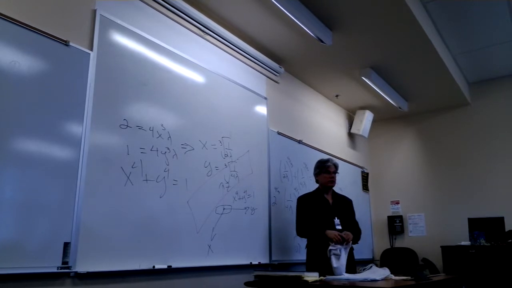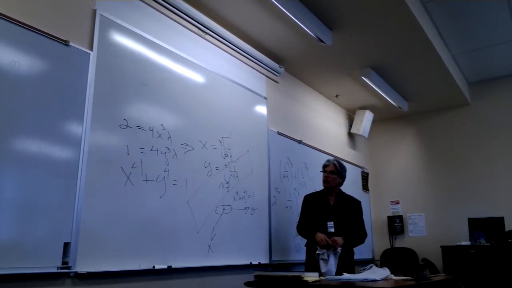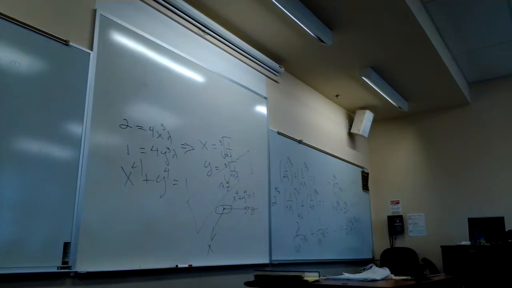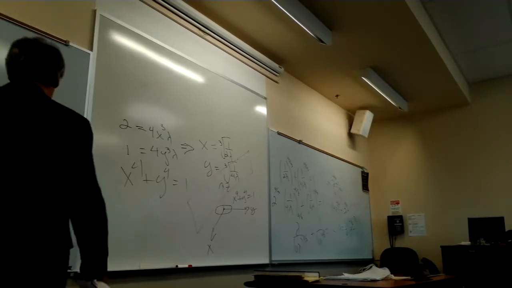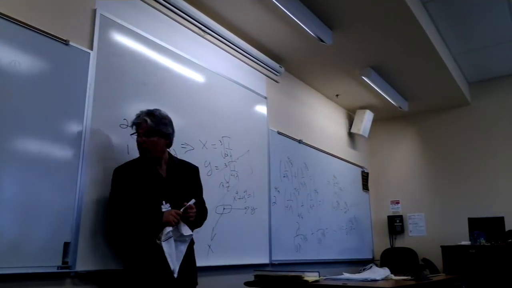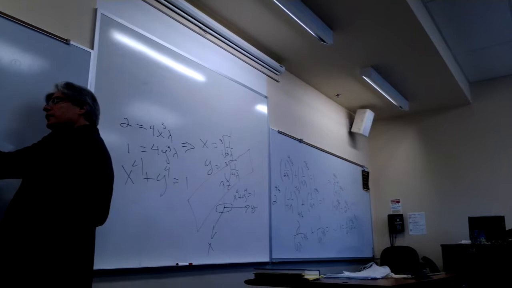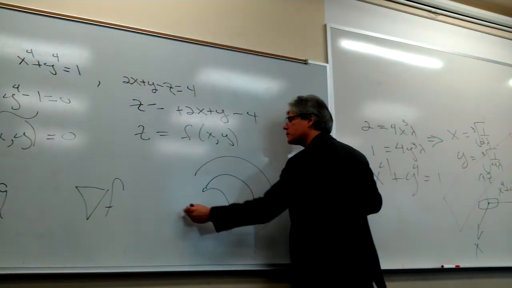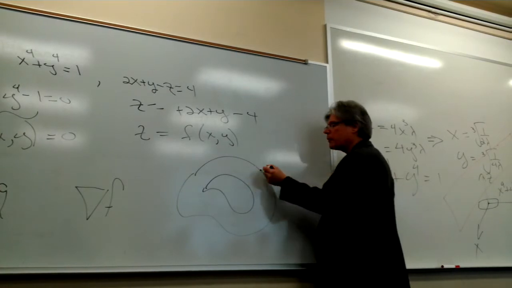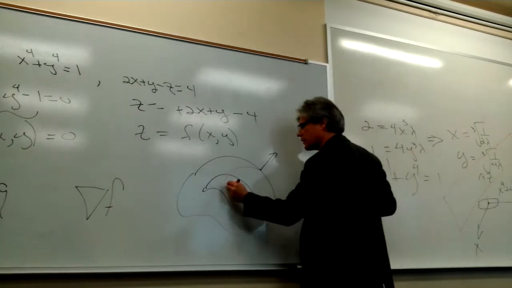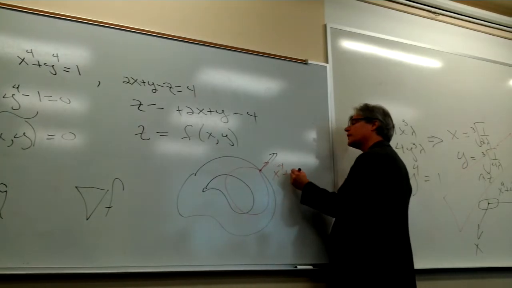Okay, so what does lambda look like graphically? What it looks like is very important, because when it comes to the gradient of my function g and the gradient of my function f, I think where this function is maximized or minimized relative to that constraint is going to be where this level curve has the following quality: at that local max point, the gradient vector for that level curve of my function f is actually going in the same direction as the gradient vector for the curve in the xy coordinate plane described by this equation.